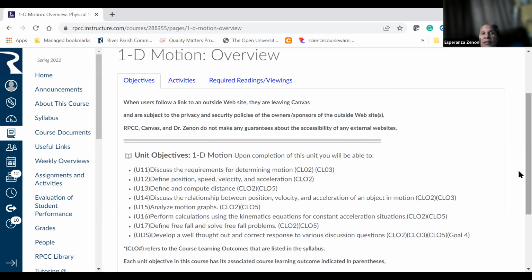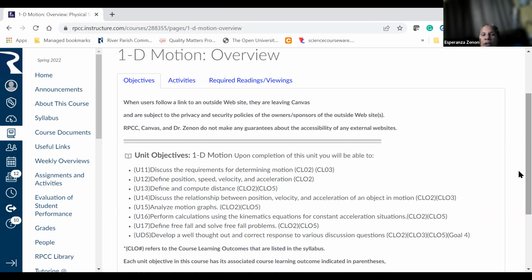I mean, if we say an object is in motion, the question is, how do we know that? Okay, and we'll see what are some parameters and things that must be present in order to answer that question. We'll be looking at properties like position, speed, velocity, and acceleration. Those are the kinds of properties that we want to measure for our moving object. We'll be looking at distance.